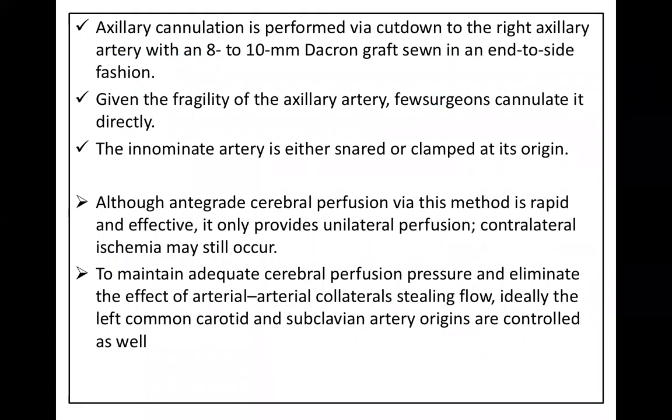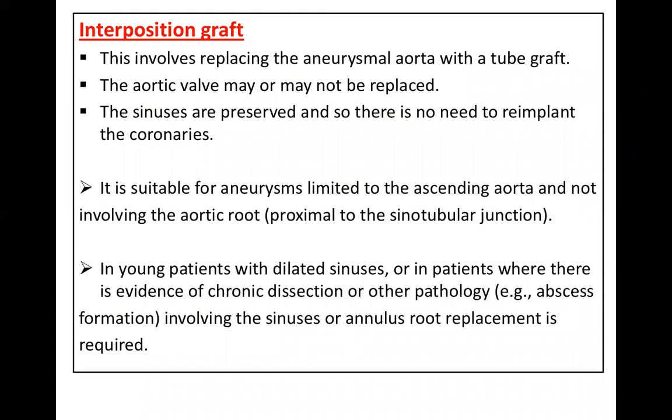So what's next? So what kind of techniques do we use for these kind of aneurysms? It's also depending, of course, on the preoperative findings, the pathology. Is the valve competent, or is the valve tricuspid or bicuspid?